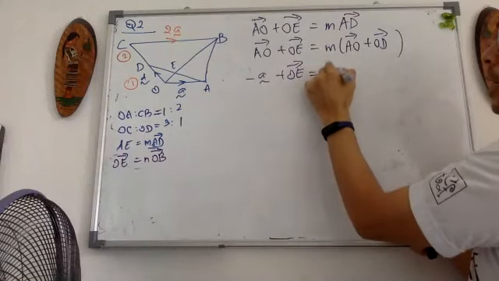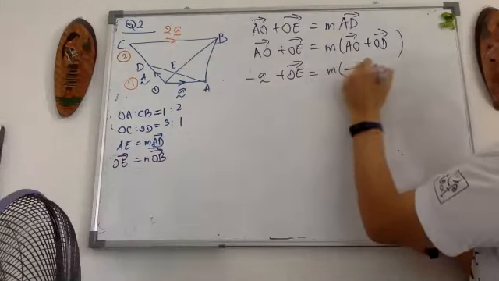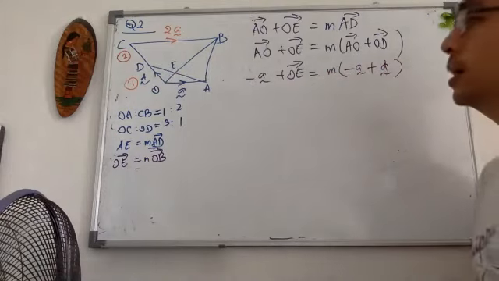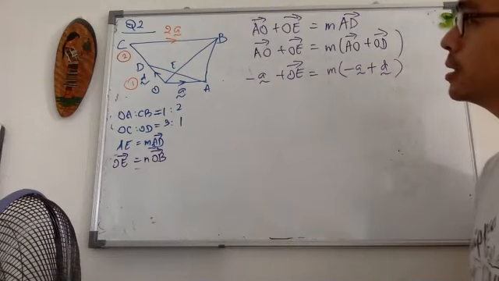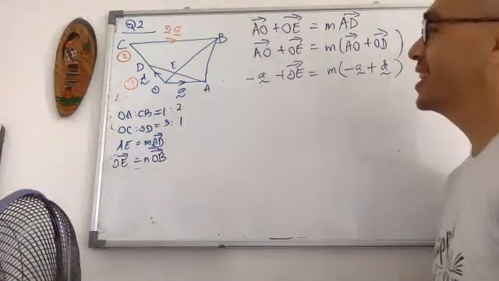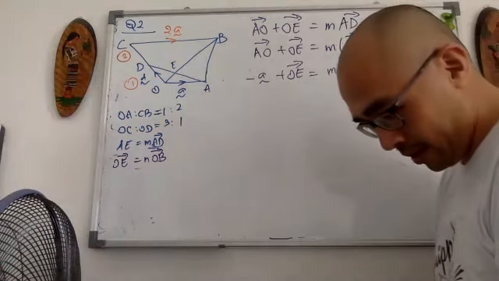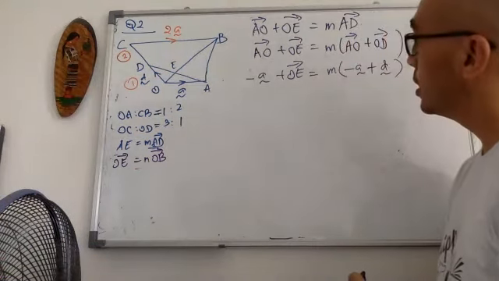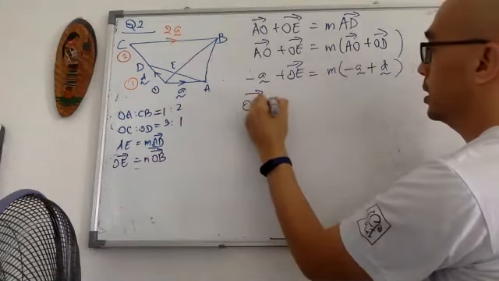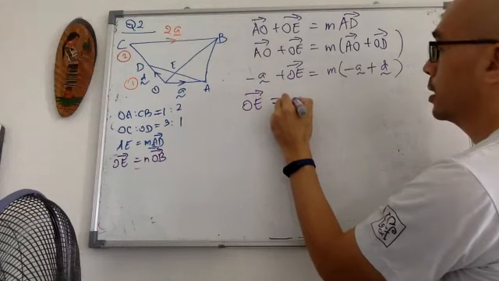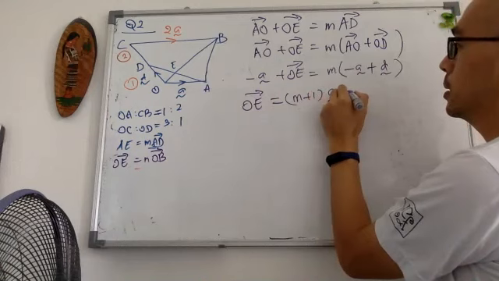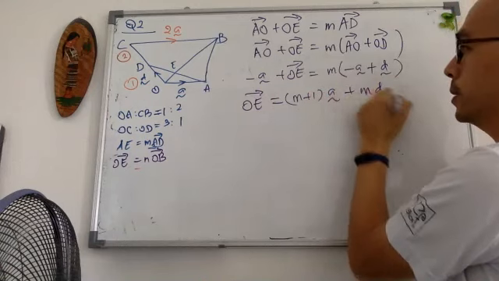Equals M times negative A plus OD, which is D. How do I put the N OB inside? Sorry, I'm asking myself a question, how do I put the N OB inside? Because if I move this across, OE equals (M plus 1)A plus MD. Yeah.